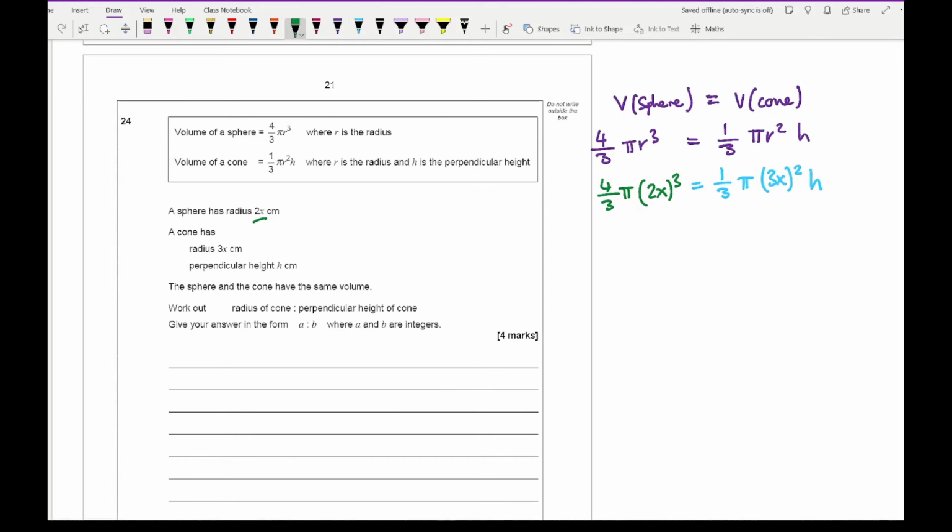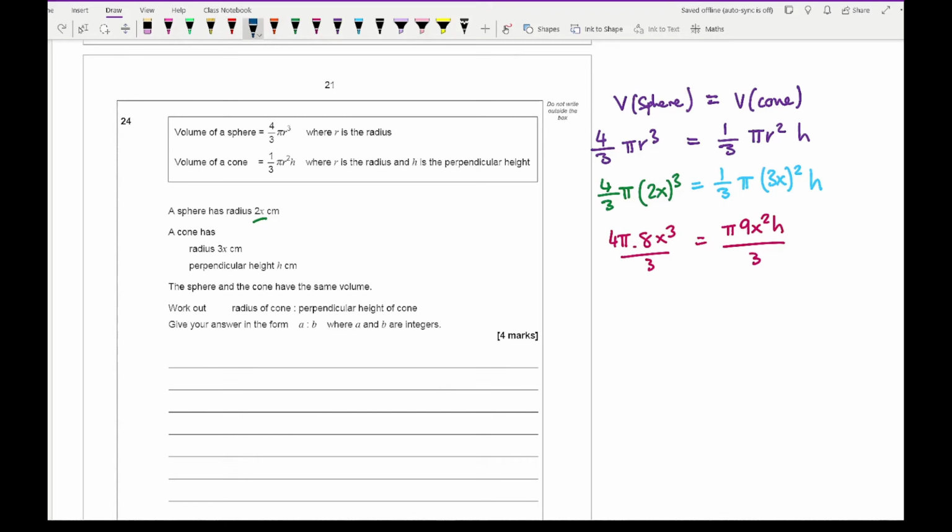Here we've got 4 pi 8x cubed, and 1 pi 9x squared h.